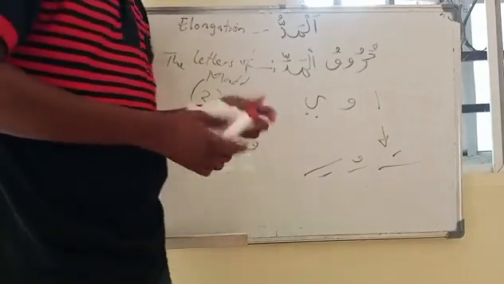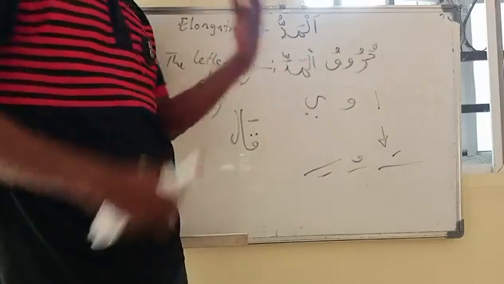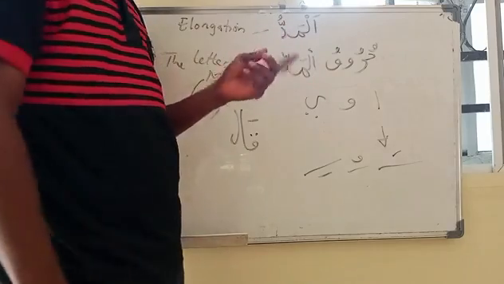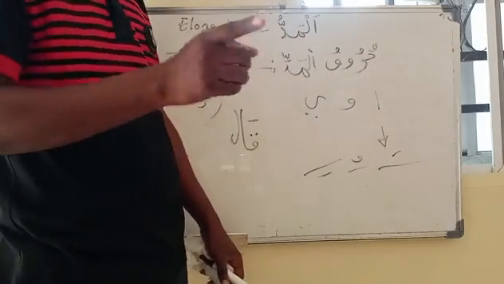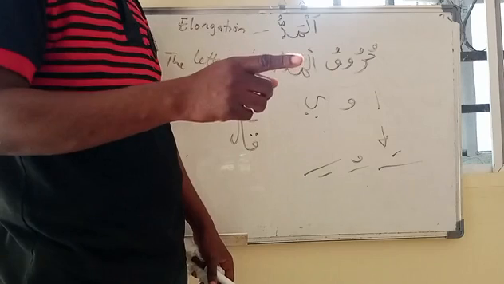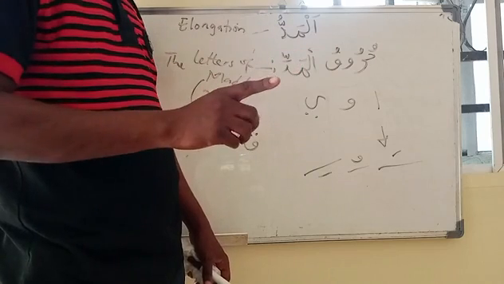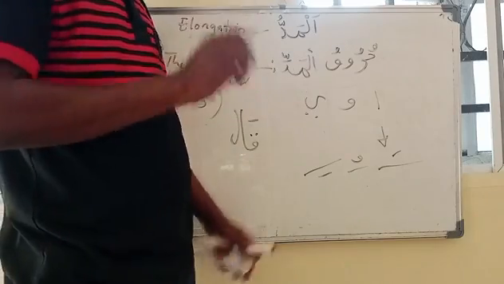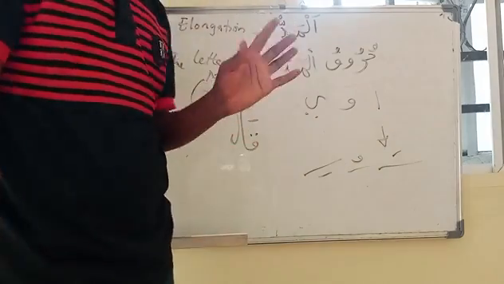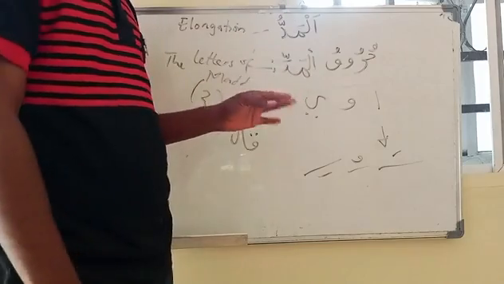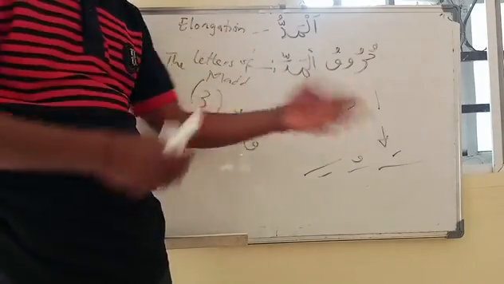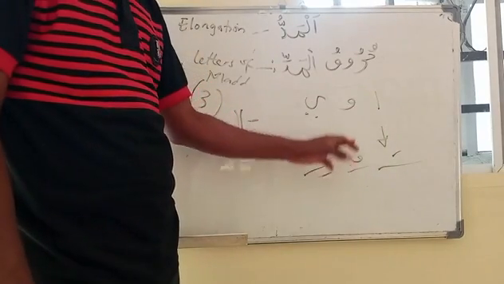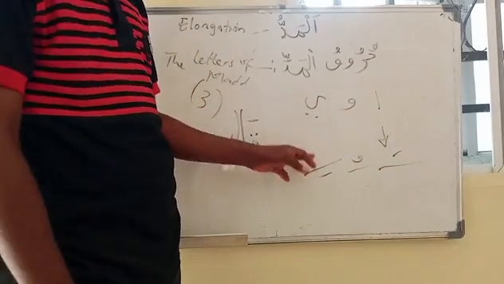The elongation is of two movements. It's how long you should prolong it: two movements, just like when you move your finger twice. Kala without madda, then kaala with madda. Two movements is enough to prolong a madda. You understand? The A sound in fatha is elongated with alif, dhamma is elongated with waw, and kasra is elongated with ya.